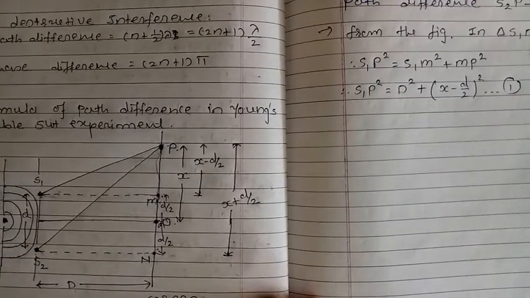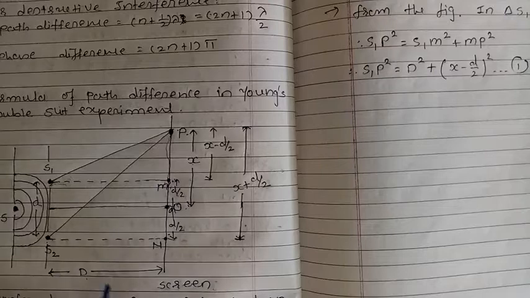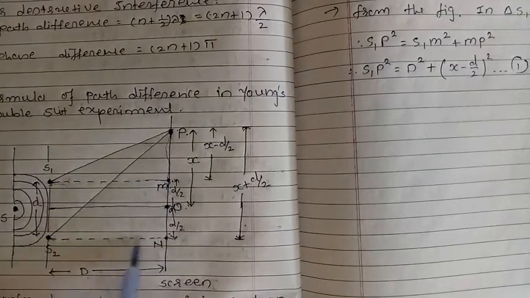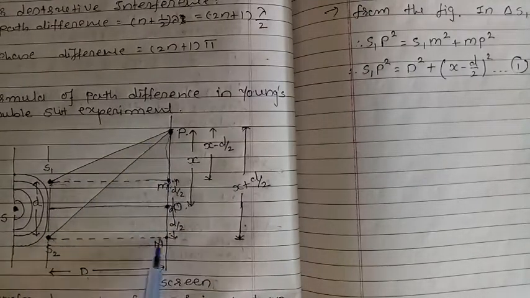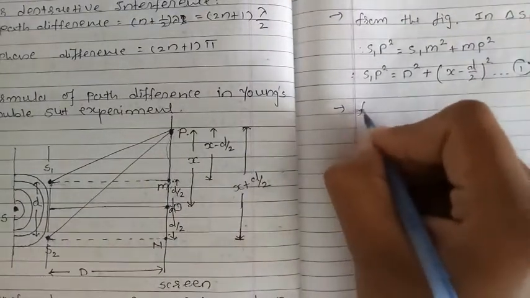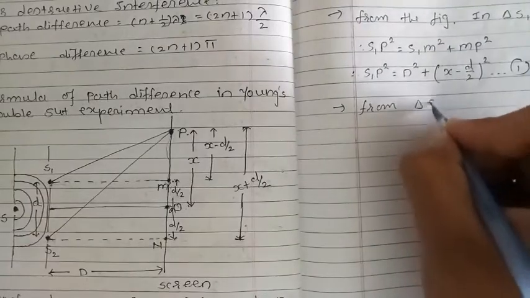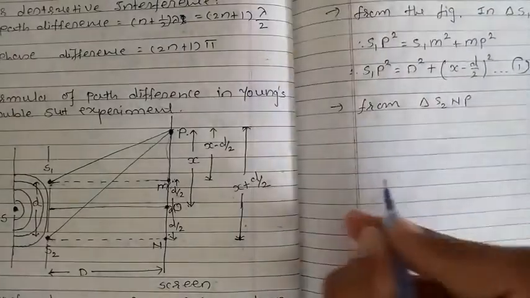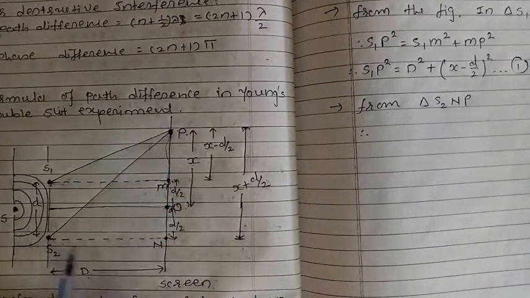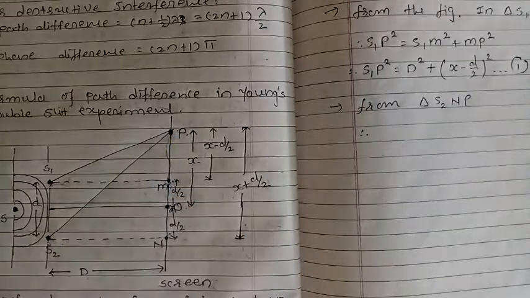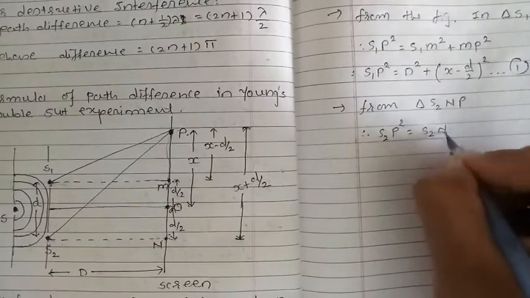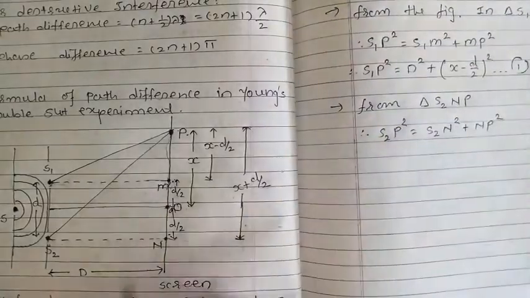Now to find S2P, see this triangle S2NP. From triangle S2NP, again we use the Pythagoras formula: S2P square is equal to S2N square plus NP square.